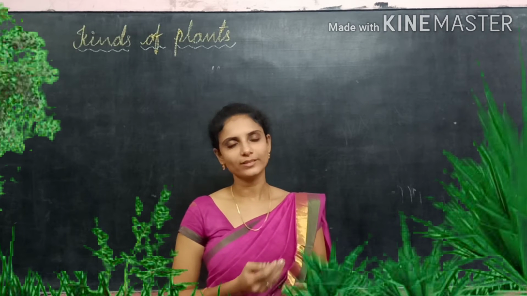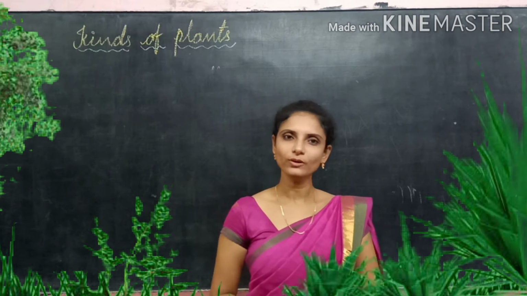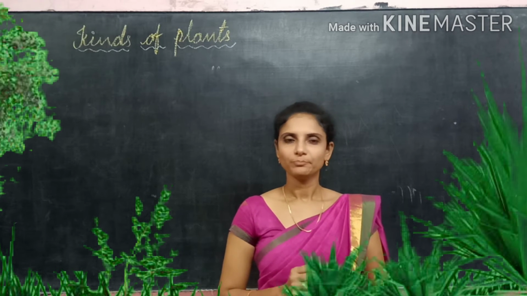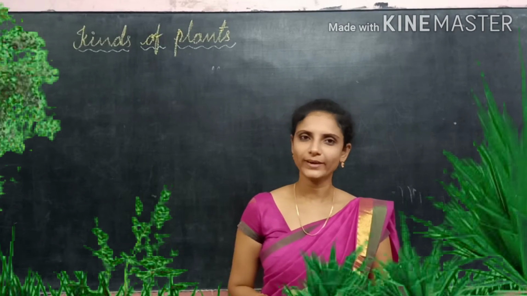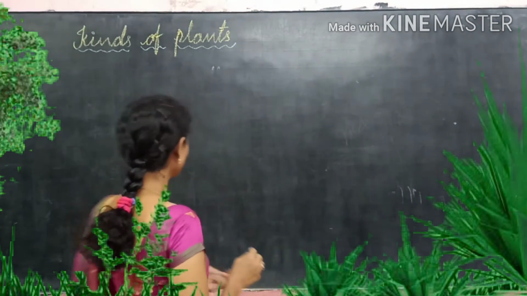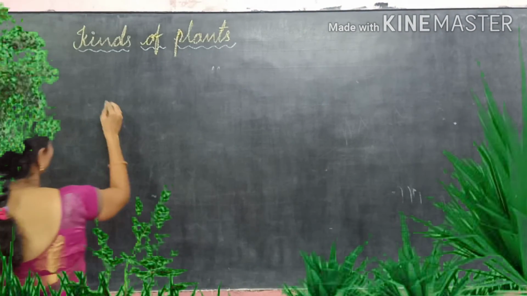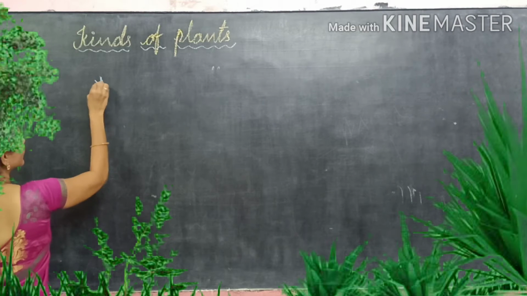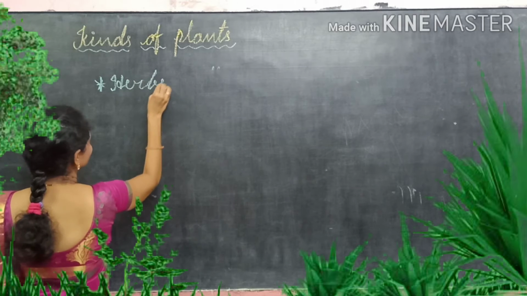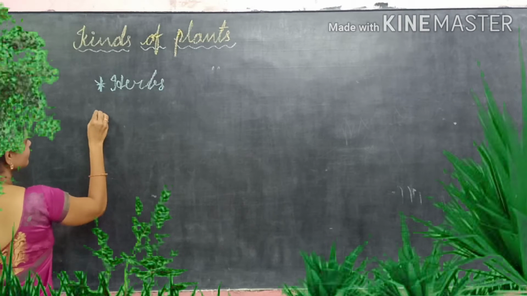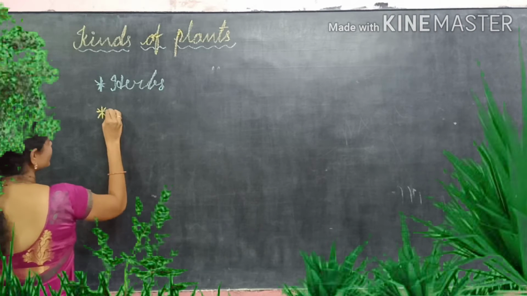So based on the size, plants are divided into 5 types. What are those 5 types? Let's see. First one, herbs. Second one, shrubs.